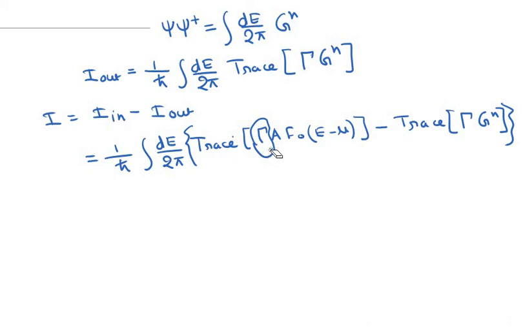So gamma gives us the rate at which electrons can flow between the channel and the contact. Now A is the spectral function, and from this function we can measure the density of states of the system, that is, of the channel. And F0 is the Fermi function inside the contact.